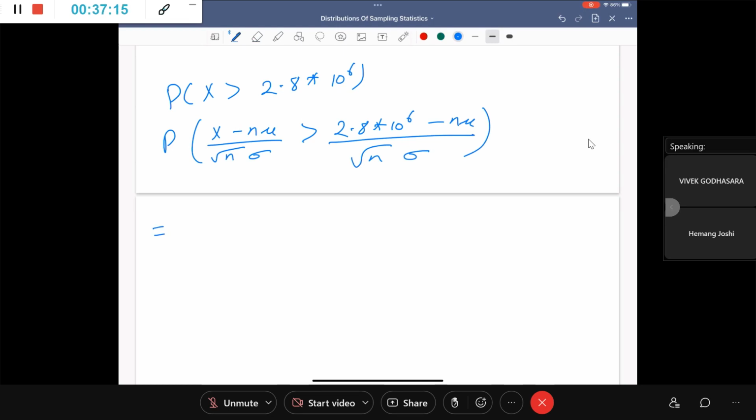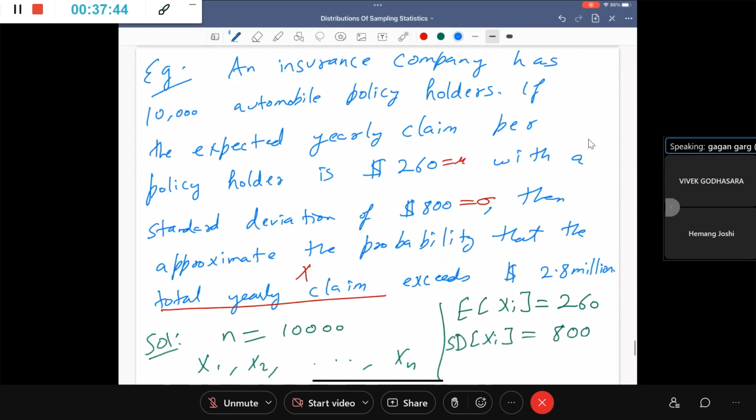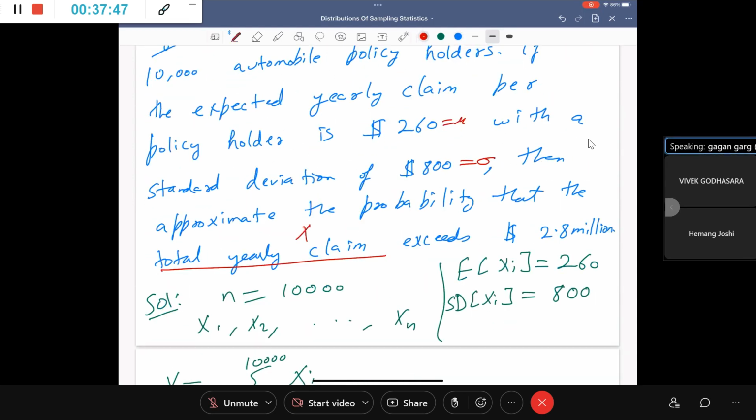And this is equal to the probability of, so this part is z, the standard normal variable, wherein on the right hand side of the inequality you plug in the values, you will get 2.5, 0.0062. So there is less than 1% likelihood that the total amount of claims that they need to settle is more than $2.8 million. So this probability turns out to be 0.62%.